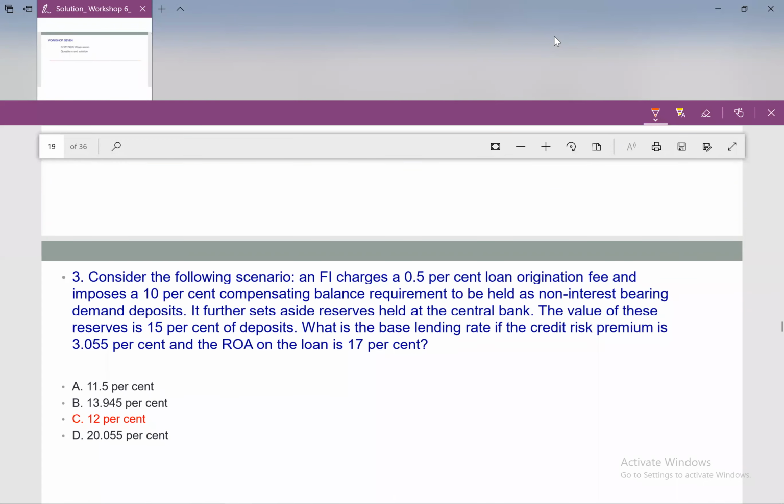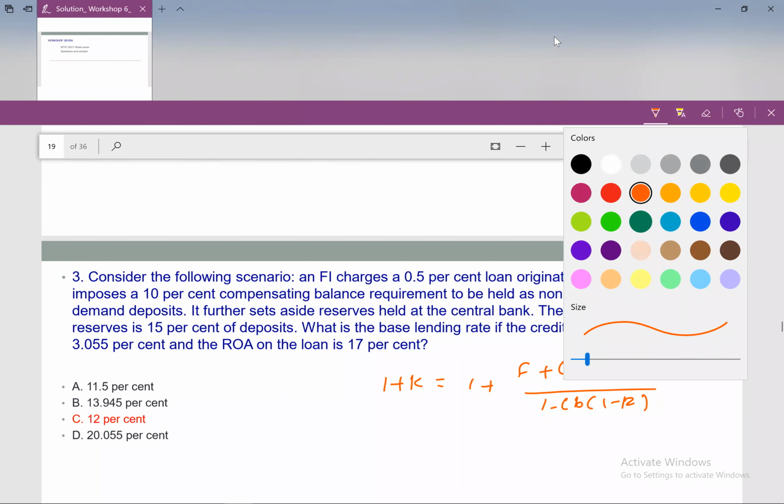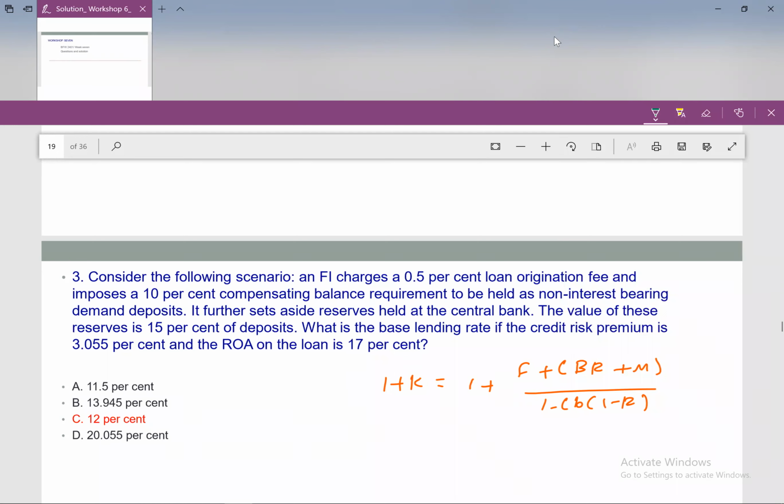if you look at the formula, 1 plus k, they are saying this is the fees. This is what we have. And this is 1 minus. All of those are known, including the k. So the k is actually, as you can see, 17%.